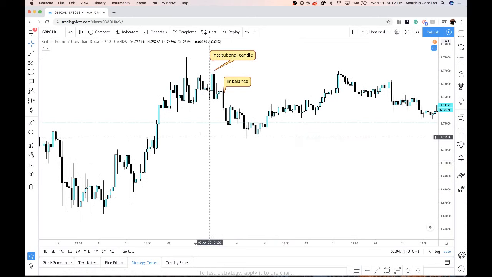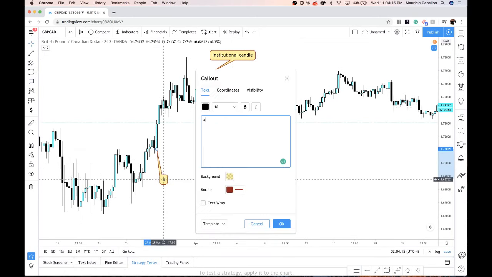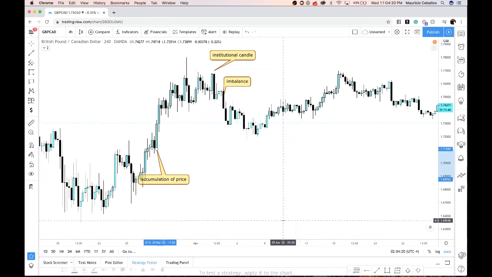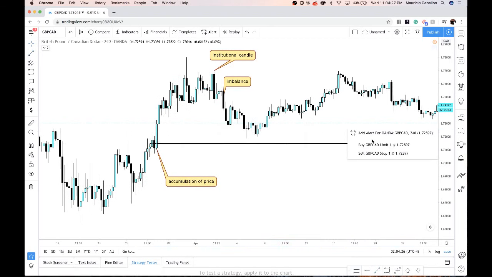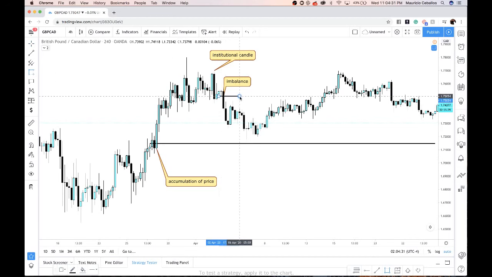And we'll wait up. Let's see to the left. What is there? We have accumulation of price. Meaning that this is the target to the downside. Okay, so right now we can see the market created an institutional candle, came down, created imbalance, keeps going down.